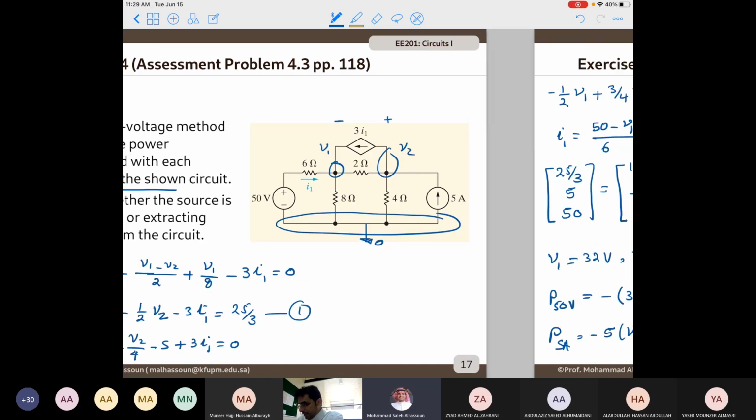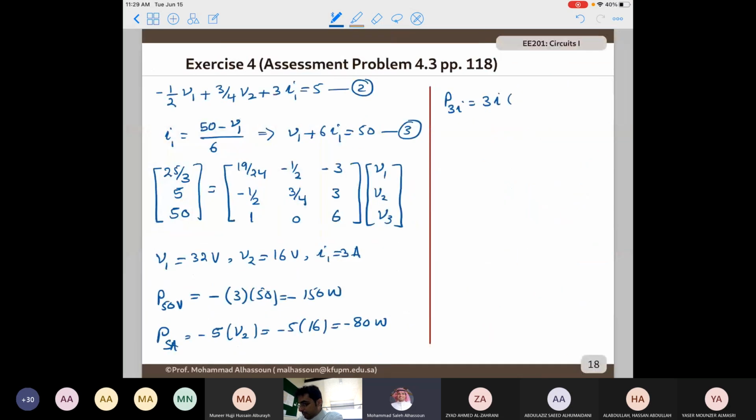So in this case, we have V2 minus V1. If we substitute, the current is 3 multiplied by I, which is 9. V2 minus V1 is negative 16. So we end up with minus 144 watts.